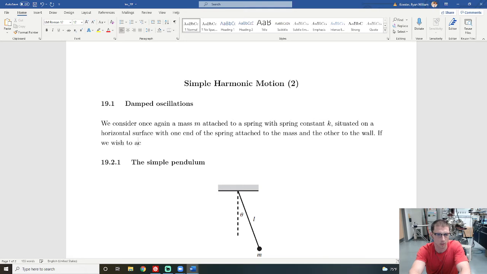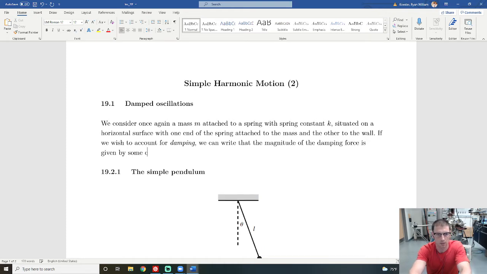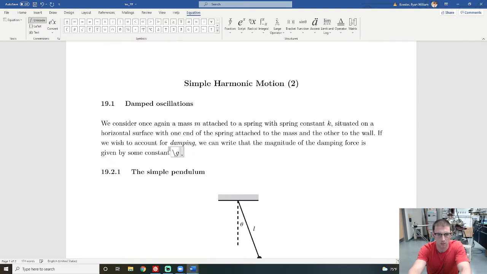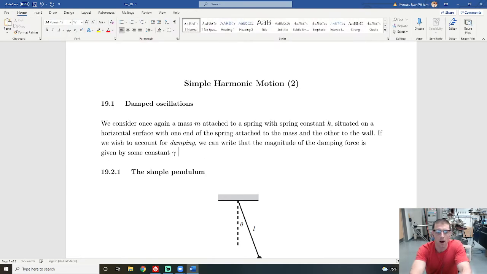Okay, so if we wish to account for damping, we can write that the magnitude of the damping force is given by some constant, and we'll call it gamma, times the speed of the mass, and this will just be v.